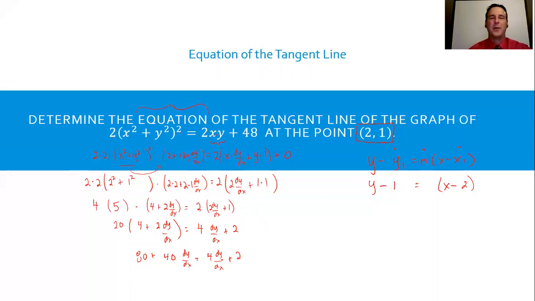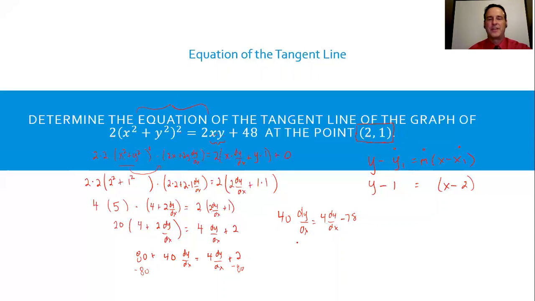All right, so let's do this. Let me move all the dy/dx's to the left side and the items that don't have a dy/dx term to the right side. So I will subtract 80 from both sides. Okay, so I've got 40 dy/dx equals 4 dy/dx minus 78. That's right.